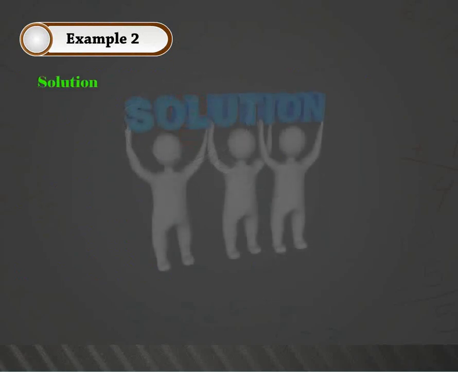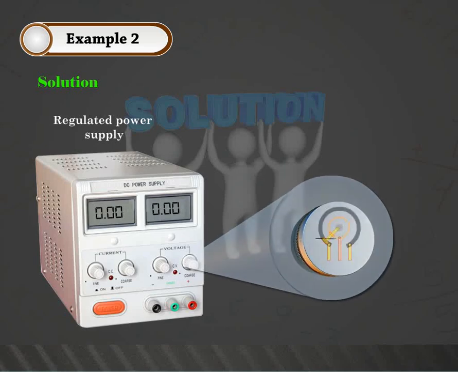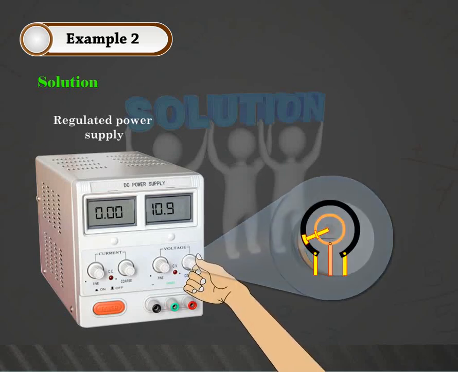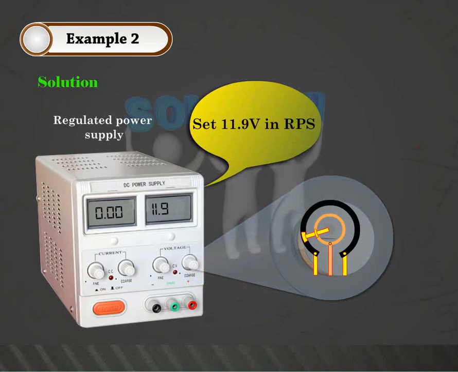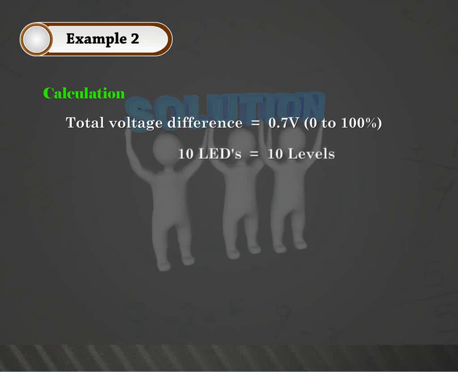Solution: set 11.9 volt in RPS. Calculation: total voltage difference is equal to 0.7 volt for 0 to 100%. 10 LEDs is equal to 10 levels, so 0.7 divided by 10 is equal to 0.07 volt.